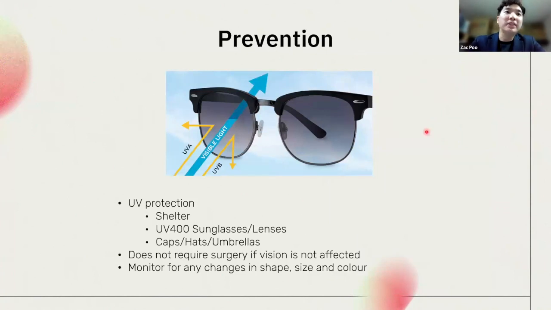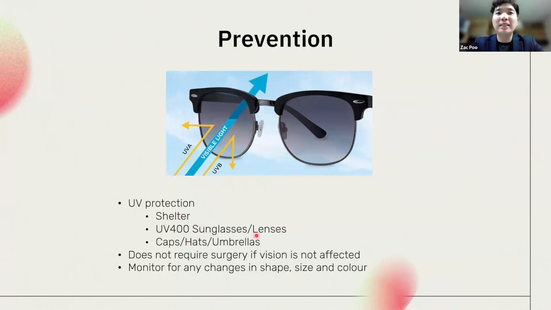For prevention, it is definitely UV protection, which is the main component of preventing this eye disease. The first form of UV protection we recommend is shelter. It's usually the best form of UV protection. When you're under any form of shelter, usually you will not have any exposure to UV.